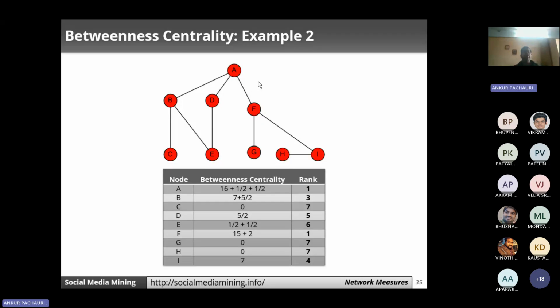It is not necessary that the graph will be disconnected, but it will reduce the connectivity. In the worst case, it can also make it disconnected. So in this second example, we can come up with certain betweenness centralities and link them.